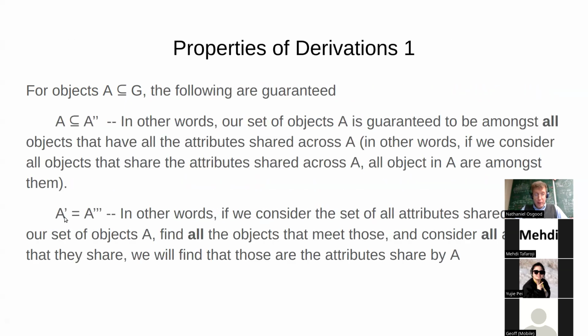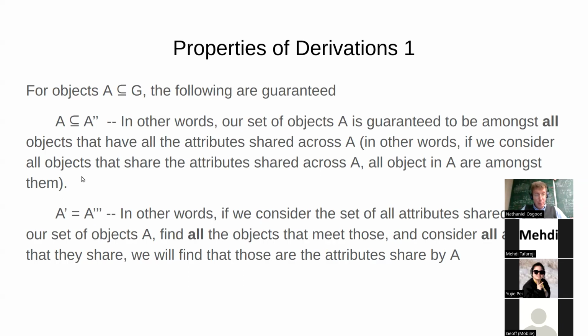But more than that, if we have a set of objects and we take its A prime, we get the attributes shared by each and every one of those objects. That set of attributes is guaranteed to be equal if we convert it back to objects and then use the derivation to go back to attributes.